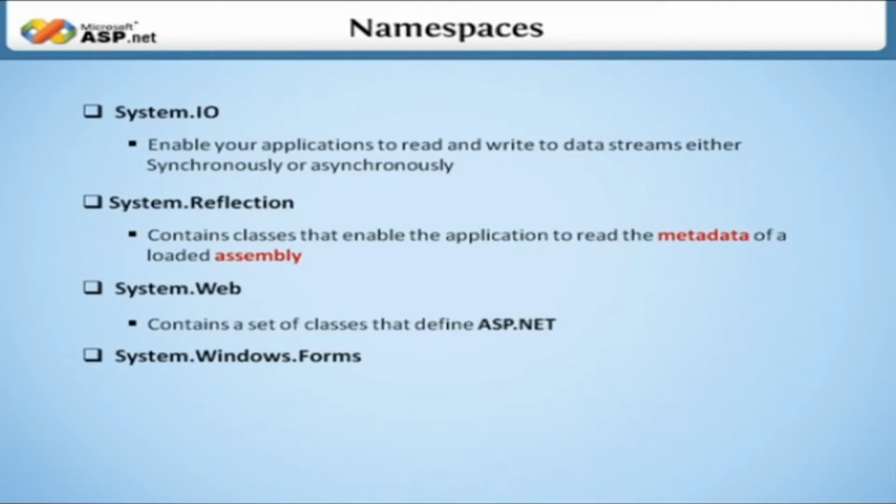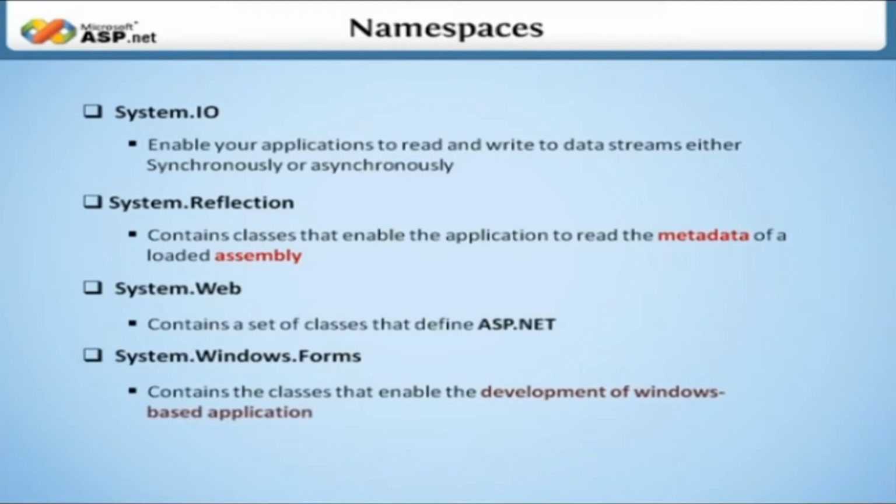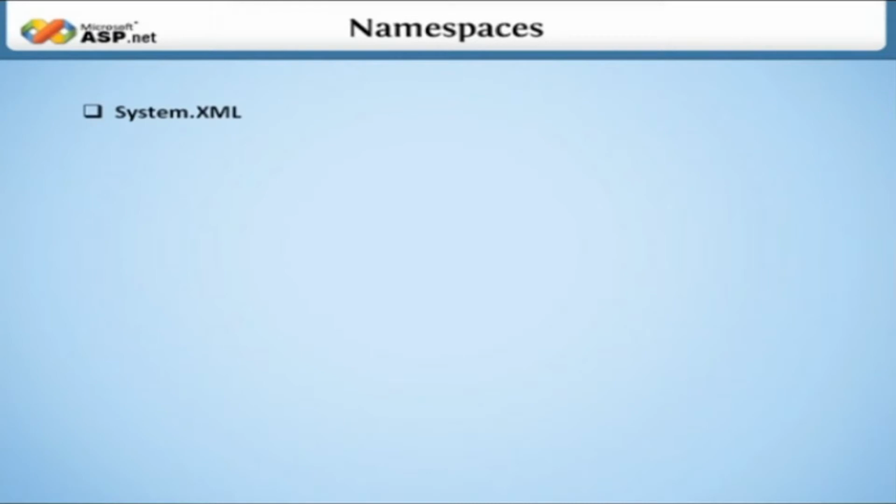For example, the different classes contained in this namespace support web hosting, mail, security, and user interface components. System.Windows.Forms. This contains the classes that enable the development of Windows-based applications. And System.Xml. This contains a set of classes that enable your application to work with XML documents.